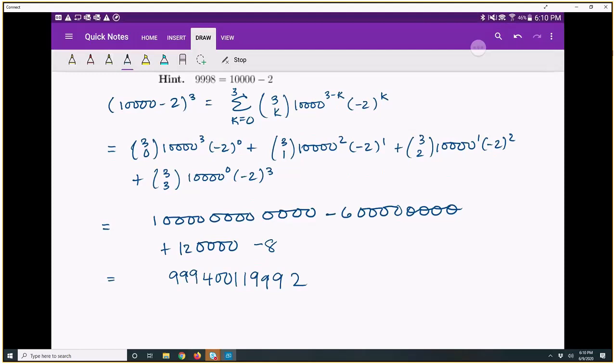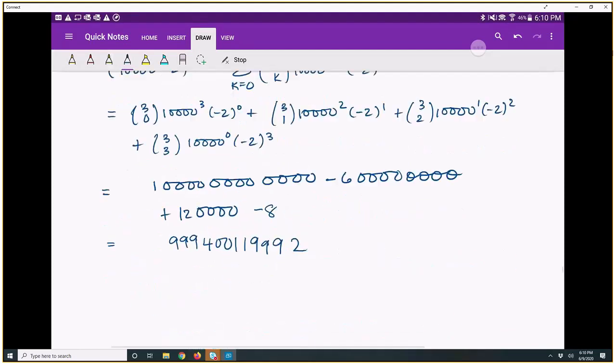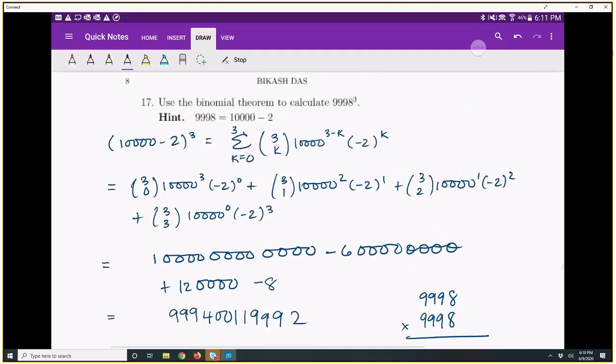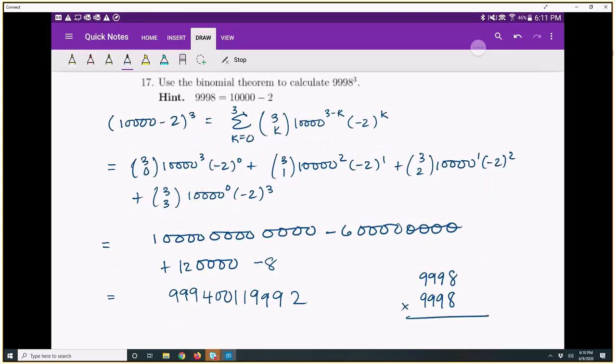And that would be likely much faster than trying to do 9,998 times 9,998, then getting some gigantic number and again trying to multiply by 9,998. Instead, we can do addition, which is generally easier than multiplication of big, weird numbers.